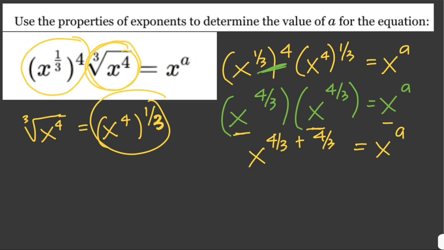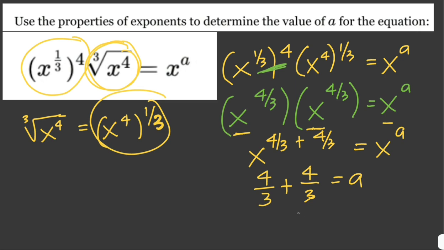And then we can equate the exponents as 4/3 plus 4/3 equals a. And now we can simplify. We add 4/3 plus 4/3. Since the two fractions have the same denominators, we can just simply add the numerators.